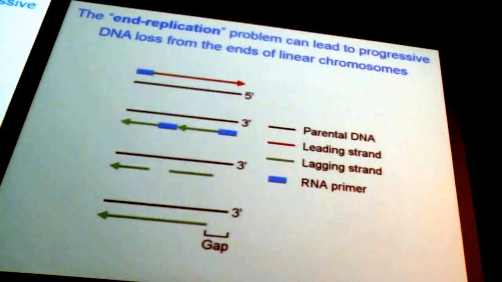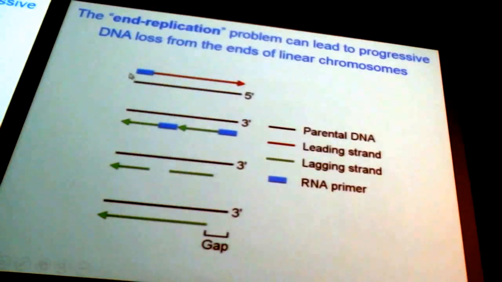The final problem that we'll talk about for this, which is different in eukaryotes from prokaryotes, is what's called the end replication problem. And this really comes from that requirement for an RNA primer for the DNA polymerase to start replication. So in blue here is the RNA primer.